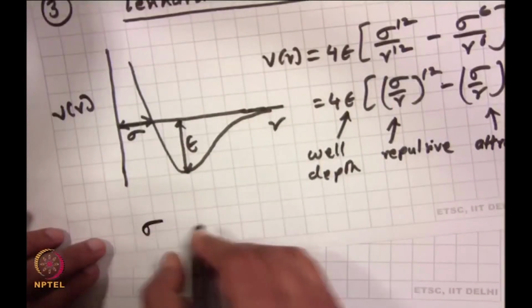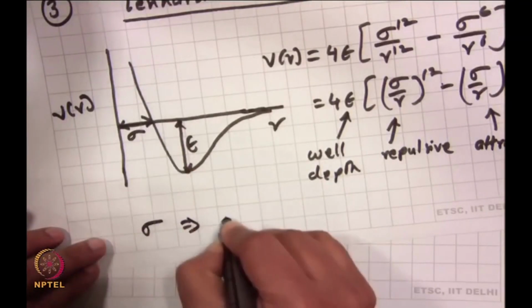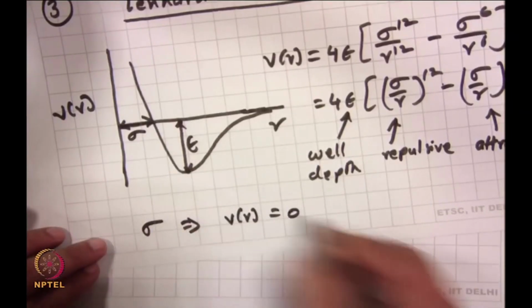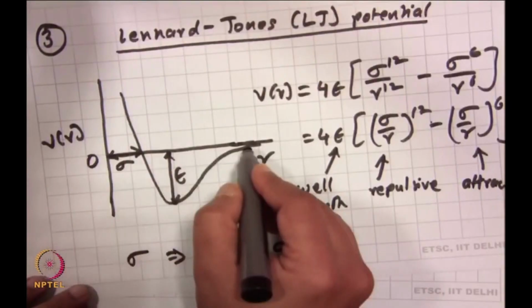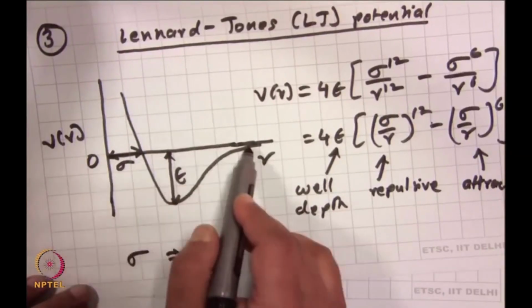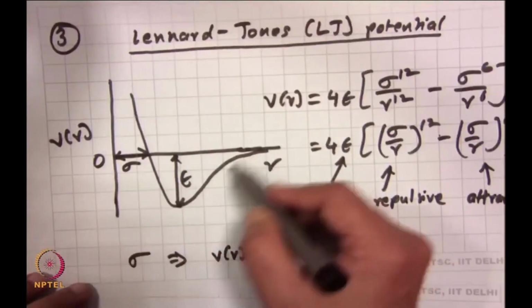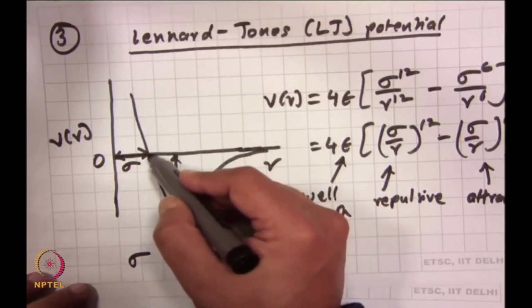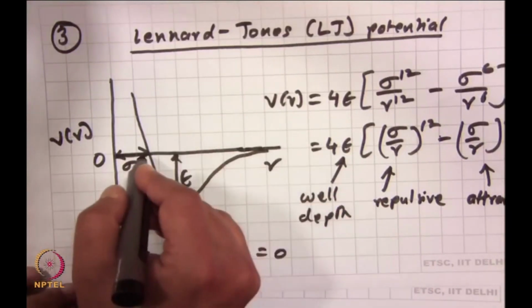Now, what is sigma? Sigma is that distance, you see this distance sigma, where V of r is equal to 0. So look at this, this is my 0 line, my x axis essentially. When this V of r crosses this line, it goes to 0, and that is the distance which is essentially your sigma, okay, that is how sigma is defined.